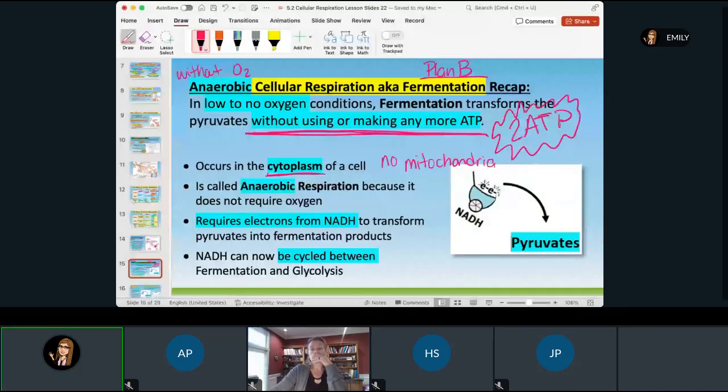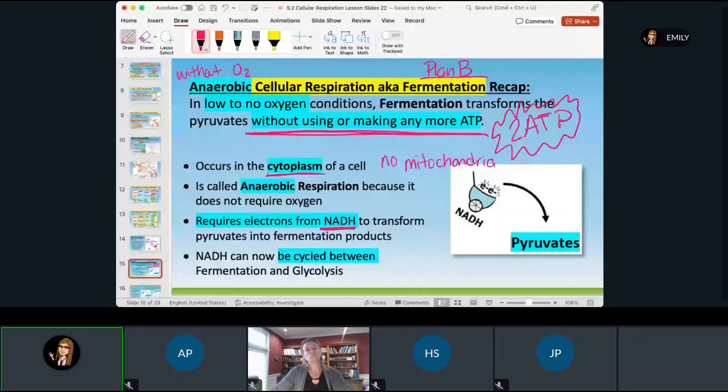So the mitochondria only gets used if we have oxygen. Okay? And it's called anaerobic respiration because it does not require oxygen. What it does require is the electrons from the NADH that we already produced in glycolysis, and it's going to transform the pyruvates into fermentation products.